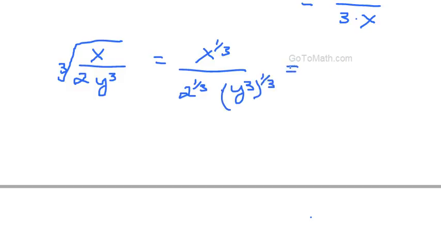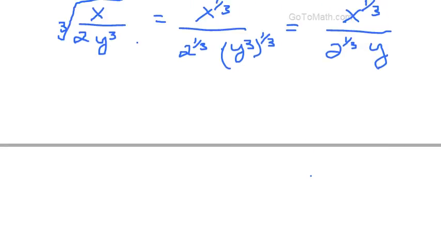The only simplifying going on is down here in the denominator, and that is y cubed raised to the 1/3 is just going to be y. But we need to do something with this 2 to the 1/3 here.